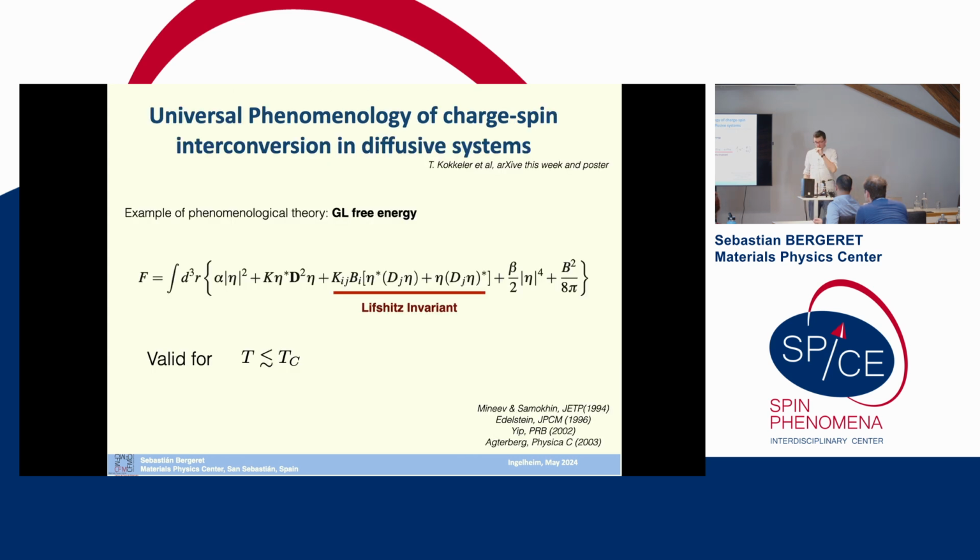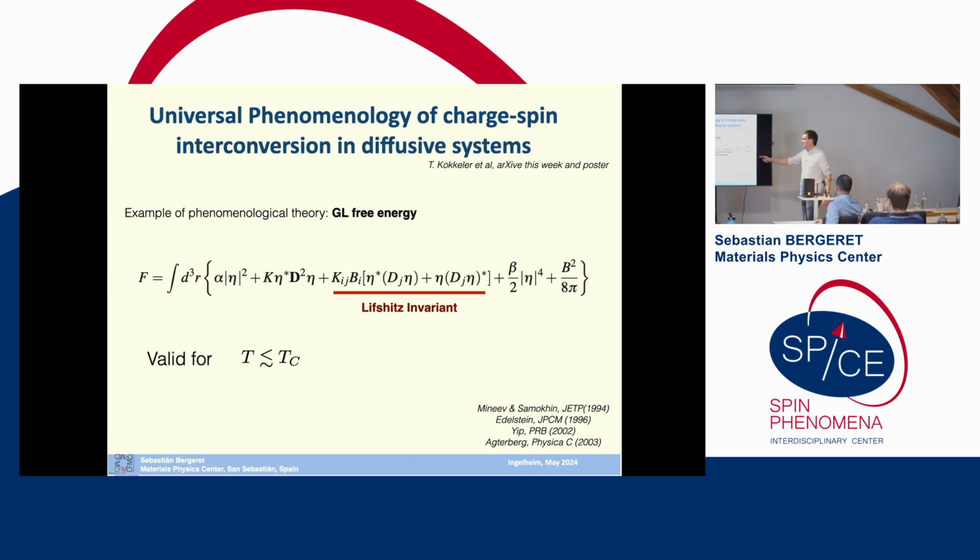So now comes, I promise, only three slides, a bit of formalism. So the first question we had is, can we build such a nice phenomenological theory just from symmetry considerations? Have a general transport theory for this type of effects, valid for all temperatures. Let us remind ourselves what we have in superconductivity: Ginzburg-Landau free energy, a beautiful theory.